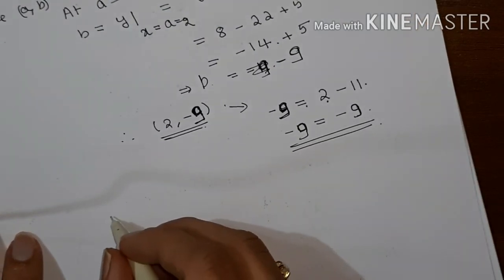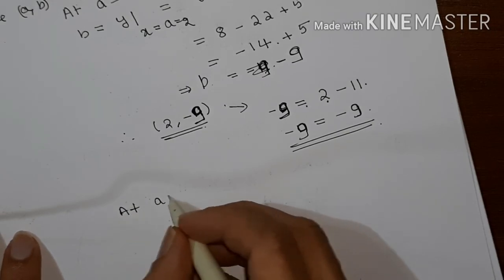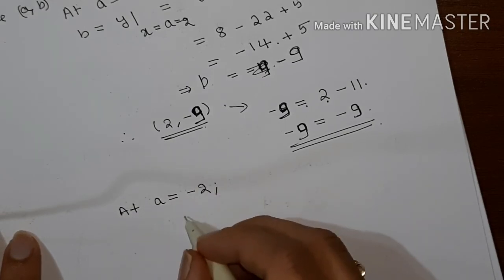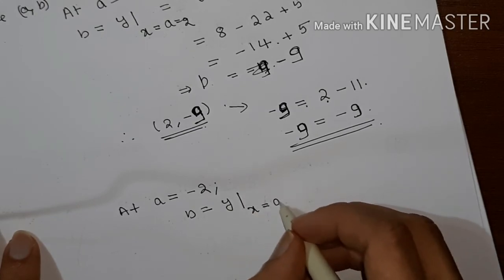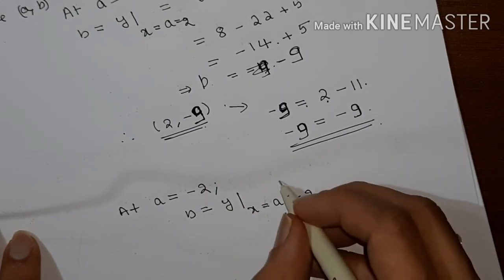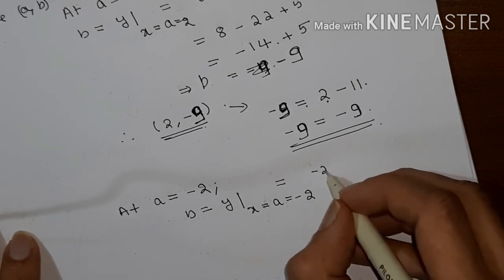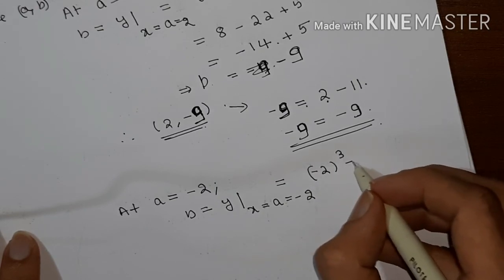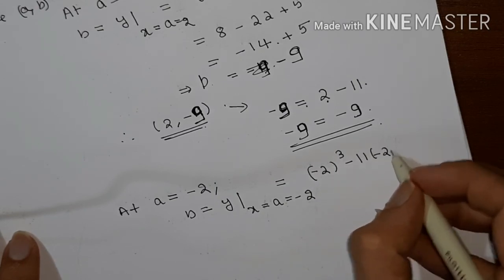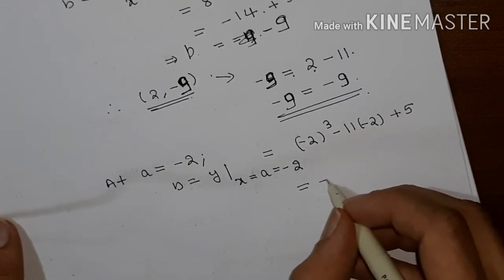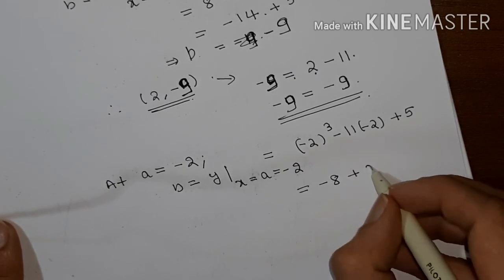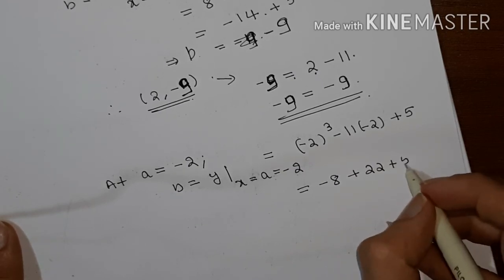Now at a equal to minus 2, b equals y at x equal to a, which is minus 2. So we get minus 2 the whole cube minus 11 times minus 2 plus 5, that is minus 8 plus 22 plus 5.